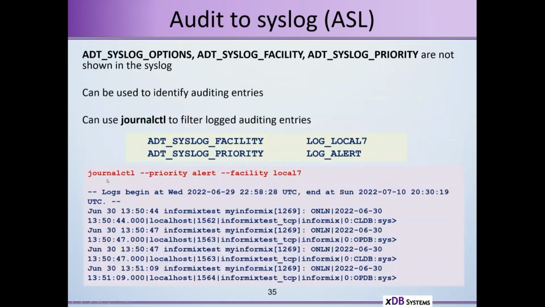Now I can use our journalctl command just to keep an eye on our syslog, and we can use --priority or --facility to filter the entries in syslog to pull out just what we're interested in. Like, hey, out of all the other noise in our syslog, these are the values here for Informix auditing.